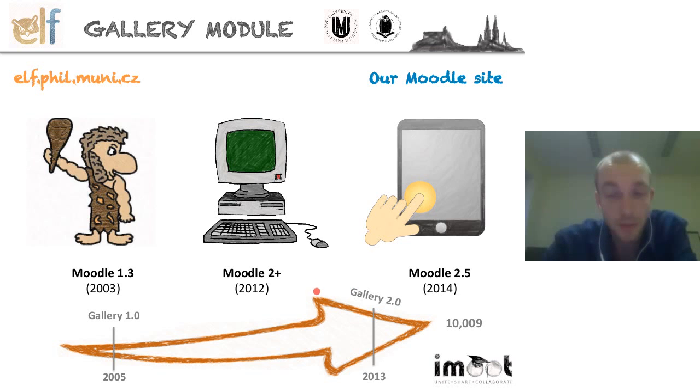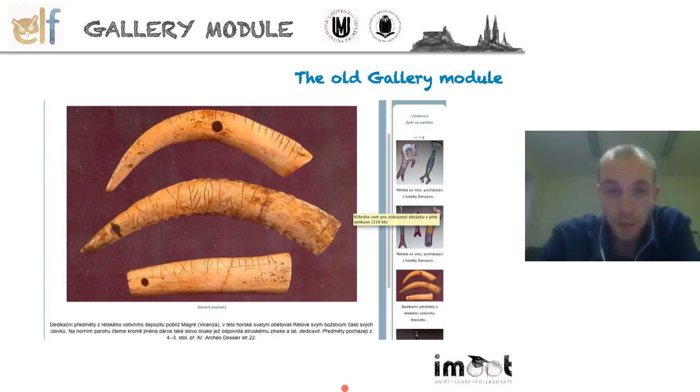But we had to use a gallery because at the Faculty of Arts, many people use pictures and images, and we had to somehow incorporate this in our courses. This is what the old gallery used to look like in 1.9, and it was actually the starting point for this new module that I'll be presenting in a little while.